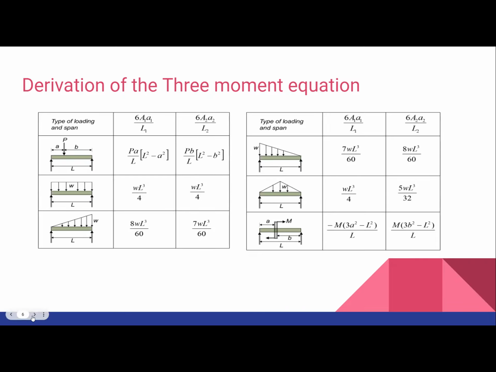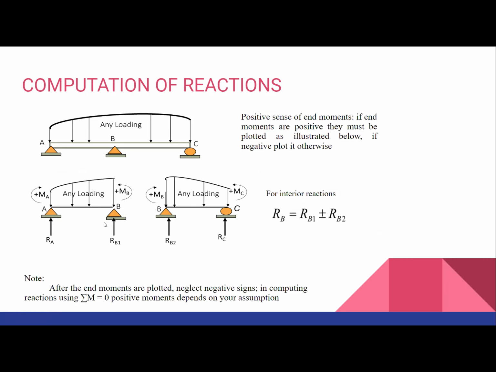Also, since the name suggests three-moment equation, basically what we will solve are the three moments about 3 points. Once the moments are solved, no, we will now solve for the reactions by applying the moments that we have solved back to the segment, and then solve the reactions by simply using the equations of equilibrium.